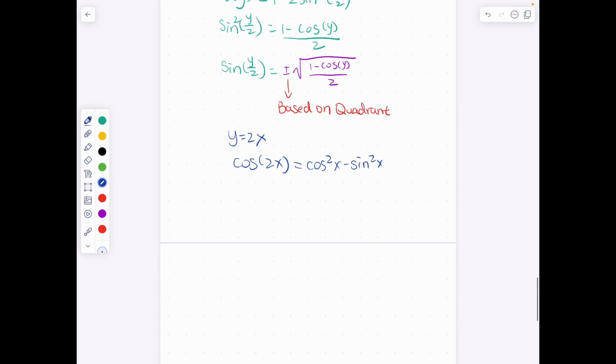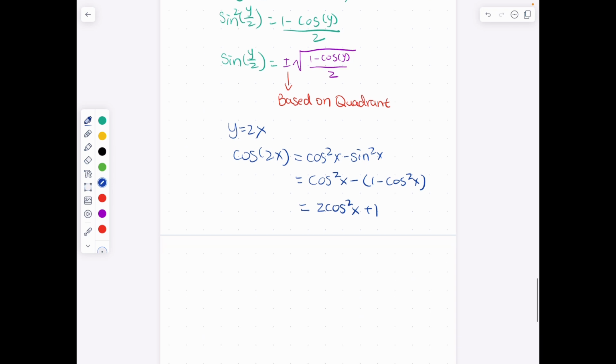But this time, since we want to find cosine of x divided by 2, we substitute this part. Just to make it more clear, it's cosine squared x minus (1 minus cosine squared x), and that would be 2 cosine squared of x minus 1.